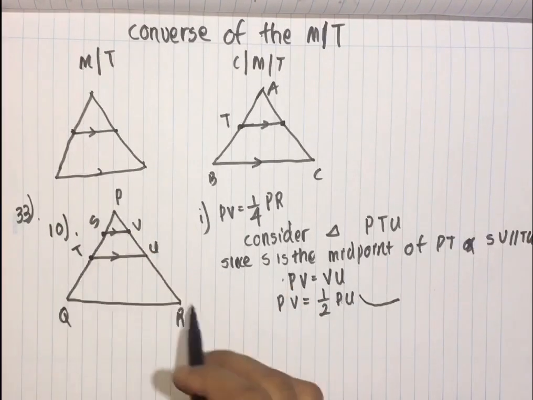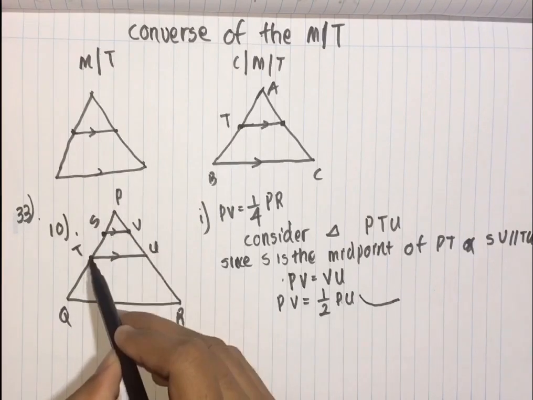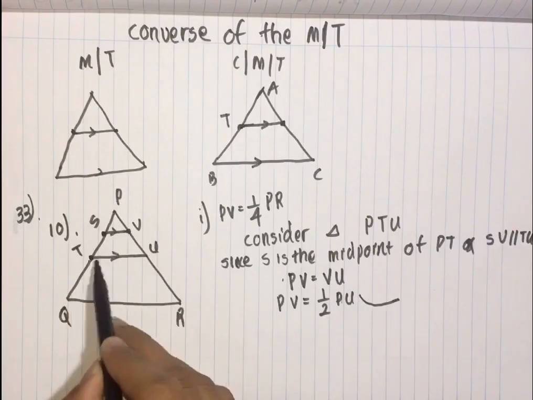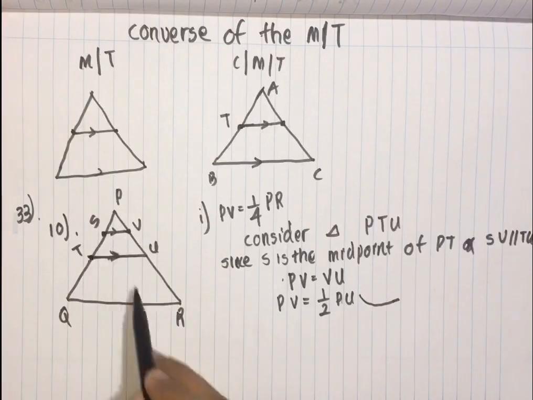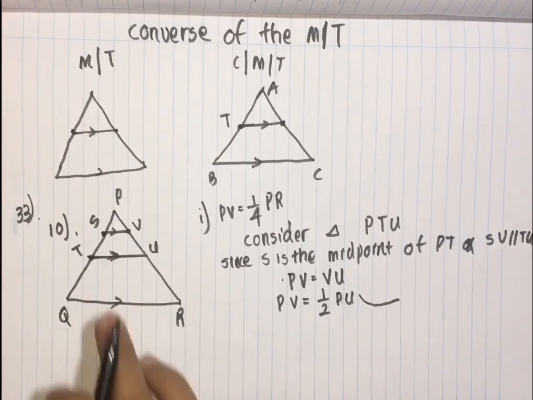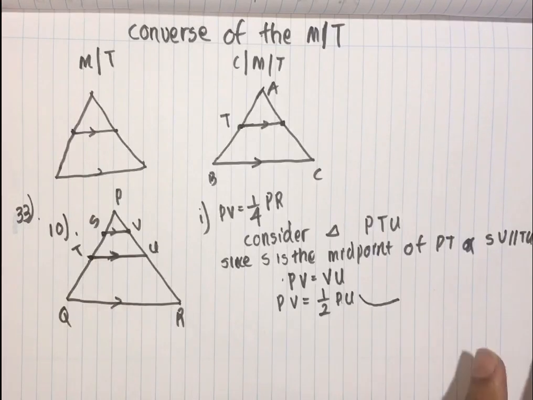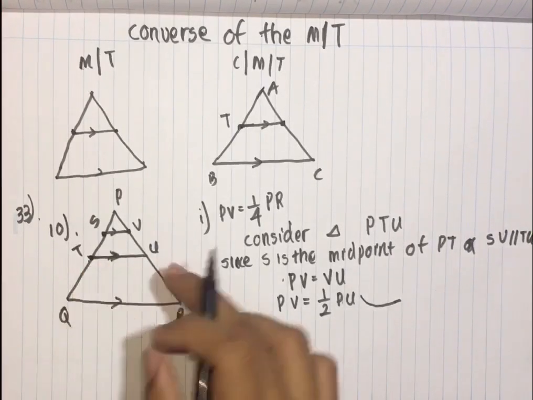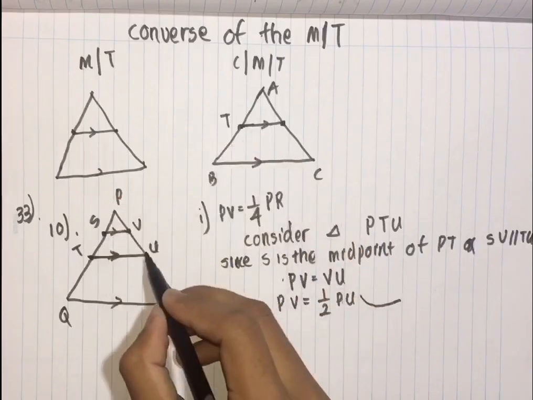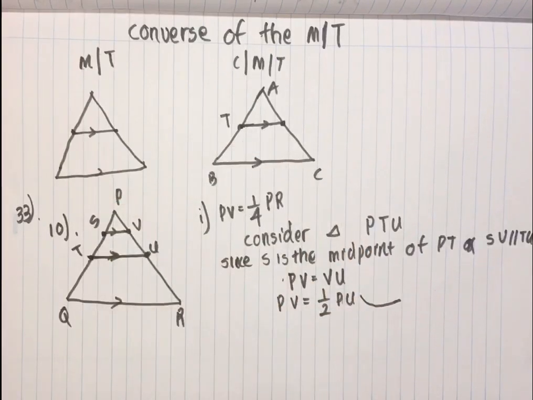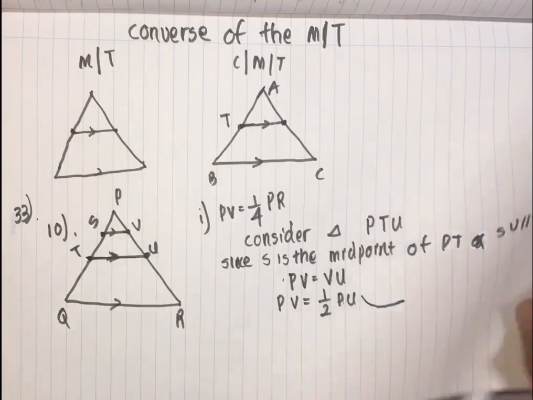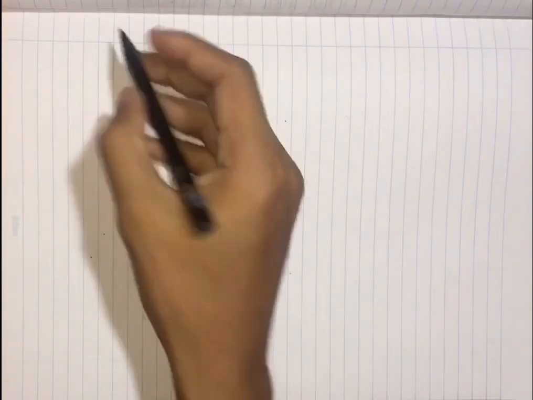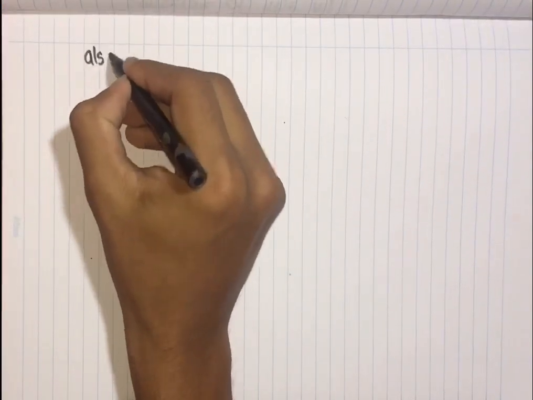T is the midpoint of PQ and this line is drawn parallel to the third side, as given in the data. Therefore TU also meets the third side at the midpoint. Is that clear?